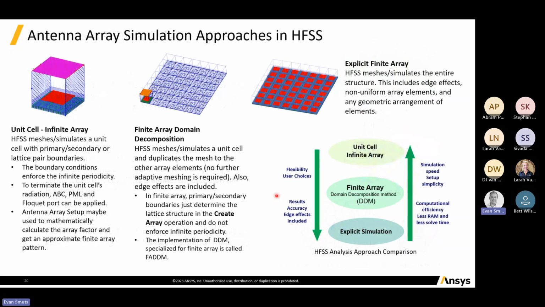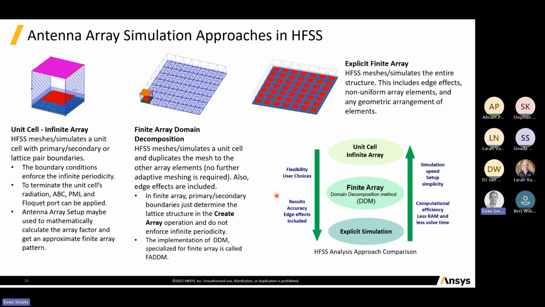All right, so with these different scales in mind, the different techniques we have are on the left there. We'll start at the very basic level with a unit cell. This is where we take the infinite array approximation, where we assume all the elements are the same and they all get affected equally.